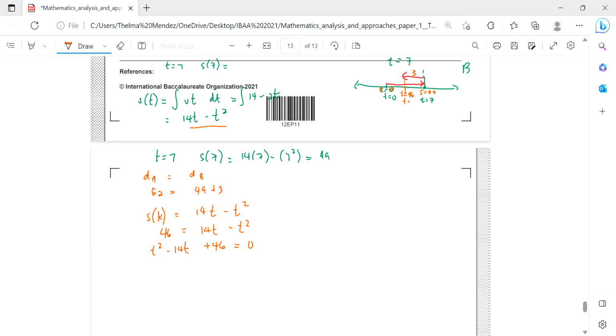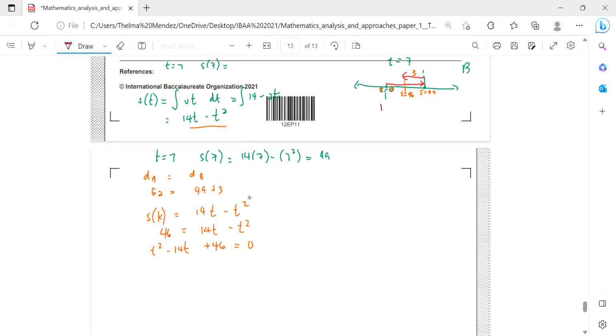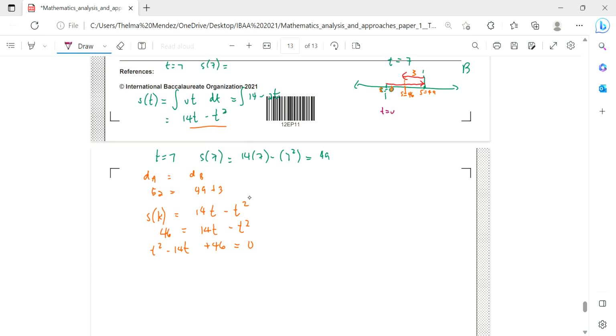By the way, we use k, right? t equals k, so we could change this to k to make things clear. Okay, never mind, I think it's better we retain it that way. This is our t equals 0, t equals k, and t equals 7 here.